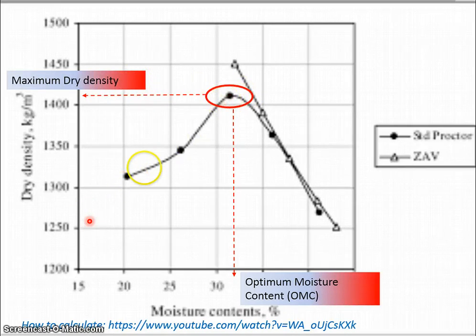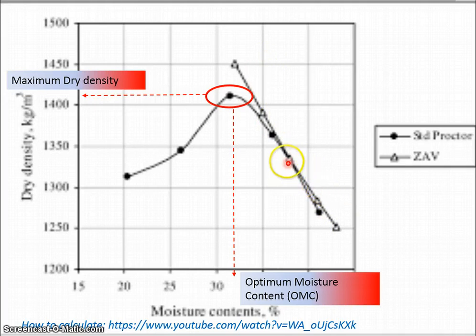So if you can see here, this is the graph of compaction for 5 tests. Sample 1, 2, 3, 4, and the 5th one. And you can note also this is the zero air void curve.